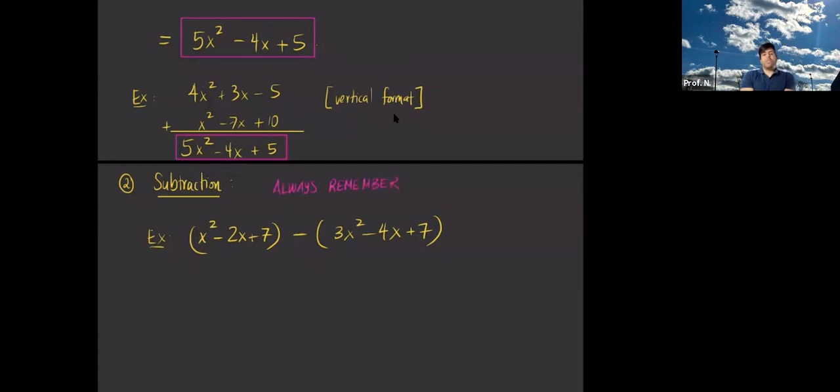One thing I always want you to remember is that there's a negative 1 in front of the second polynomial. This is my second polynomial, and this is the first one. For the second polynomial, you always remember that this negative 1 is being distributed to every term of the second polynomial. So then what's going to happen after this?